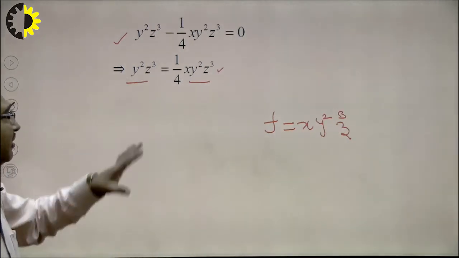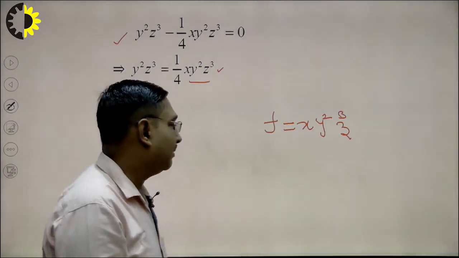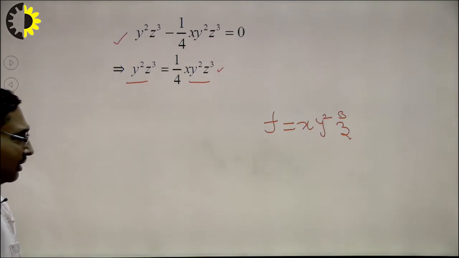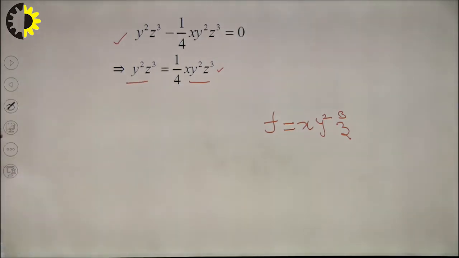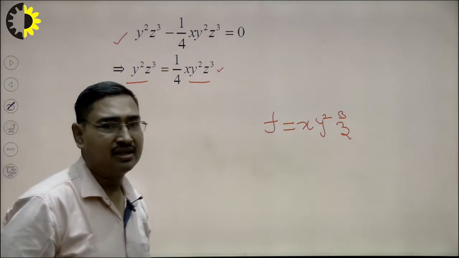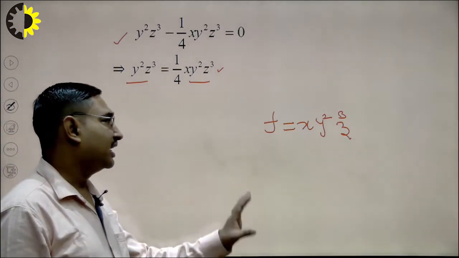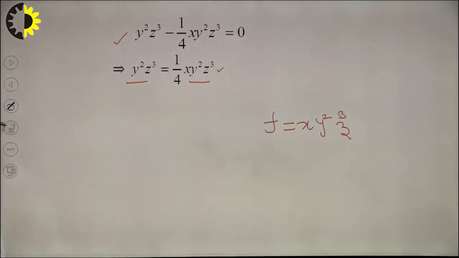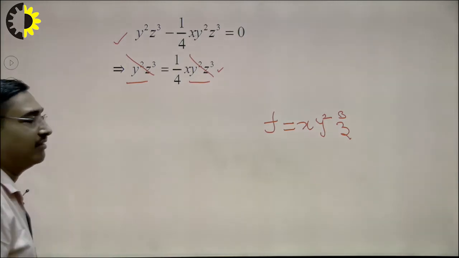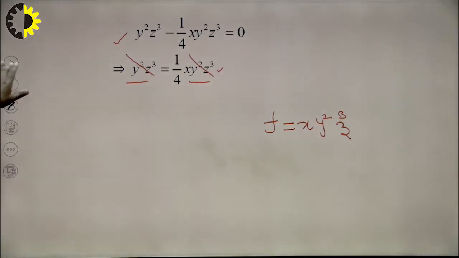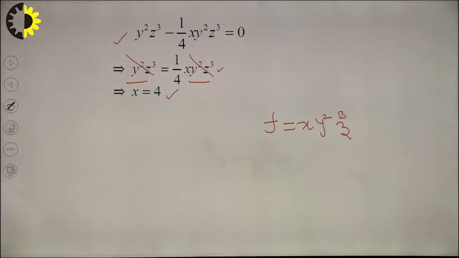If any of this x, y or z becomes 0, then this product will be 0, and undoubtedly this value 0 is not maximum, because some other combinations which are having positive values of x and y will give larger f than 0, and therefore we can cancel out these two terms y square z cube. In this manner I obtain x equal to 4.